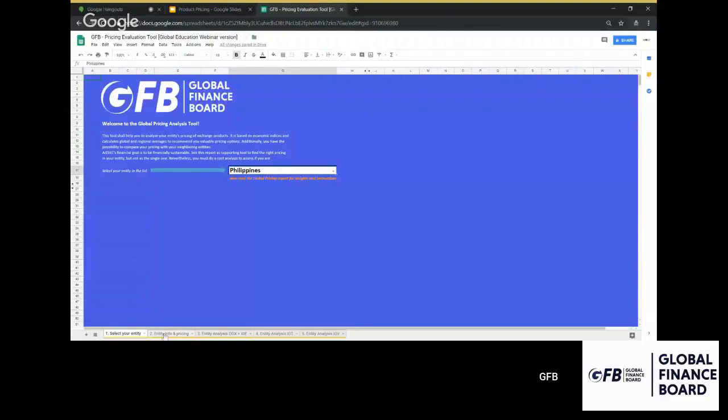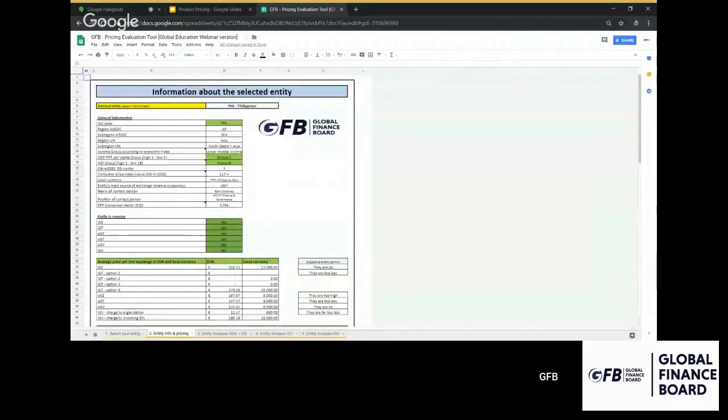Now, the entity info and pricing tab would show you the entity information. So first part, general information about the entity: the region, contact person, which products are run, also some external information, GDP, PPP group, and HDI group.